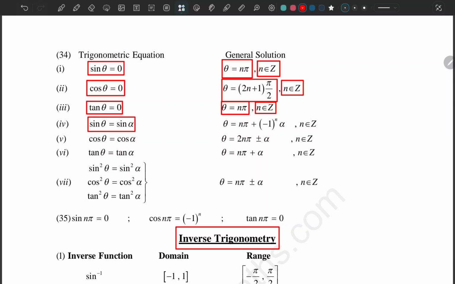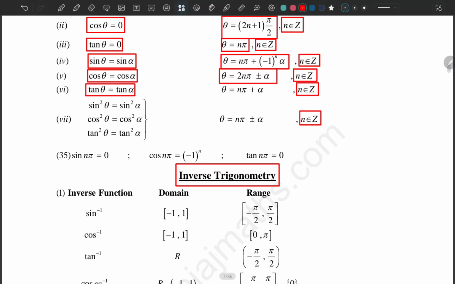If sine theta equals sine alpha, then theta equals n pi plus minus 1 to the n times alpha, and n belongs to z. Cosine theta equals cosine of alpha is 2n pi plus minus alpha, n belongs to z. Well, n is belonging to z, so I don't think I should tell you that again and again.